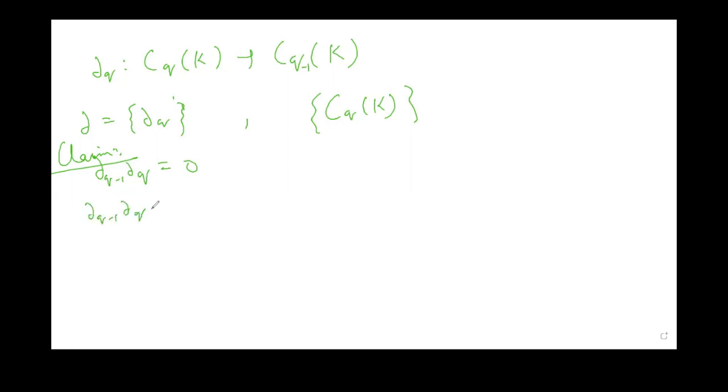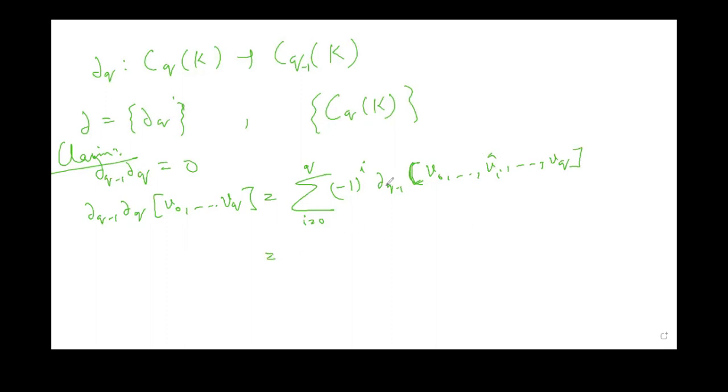Take the boundary from q minus 1 after q. If we apply boundary q, then by definition this is the sum of minus 1 to the power i over i from 0 to q, where the i-th vertex has been thrown out. If I again apply this one over this, then we'll have this double summation.